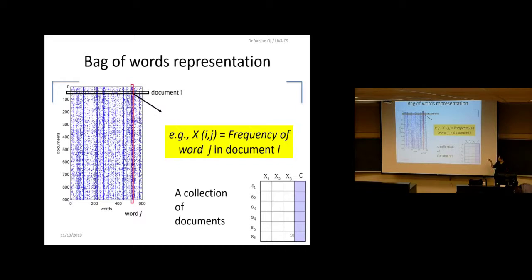Here we have 0 until 900 documents, just to show you a rough, speculated number. Each column shows the dictionary words, W1, W2, until WB, where I think we use capital B to represent the size. These are all the possible words, so each entry x_ij is just the frequency of word j in document i. So now this is a matrix form.